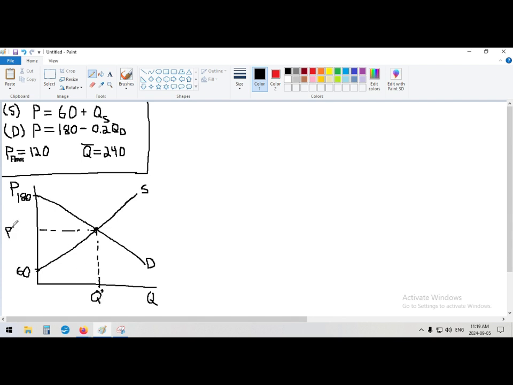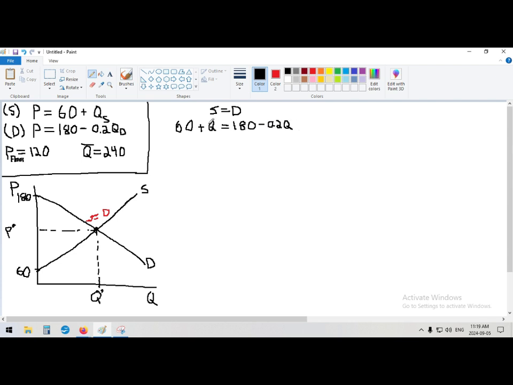So let's figure that out, where our competitive equilibrium would be, where supply is equal to demand. So let's find that initially. Let's solve this out mathematically. We have 60 plus Q equals 180 minus 0.2Q.